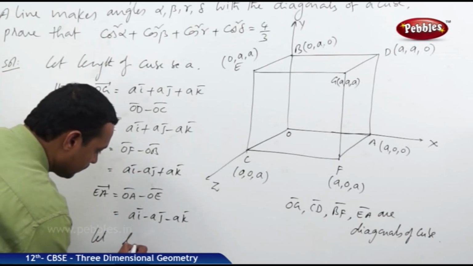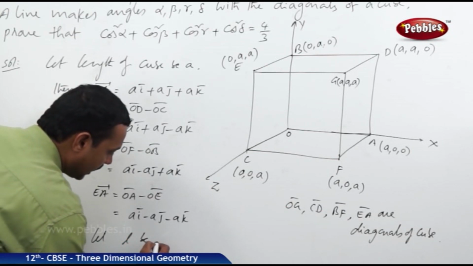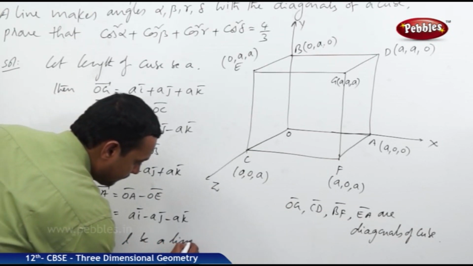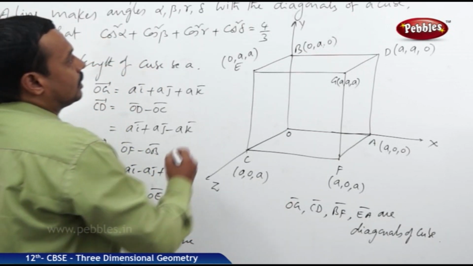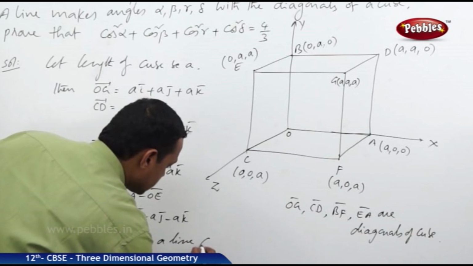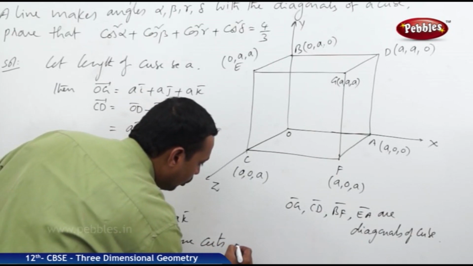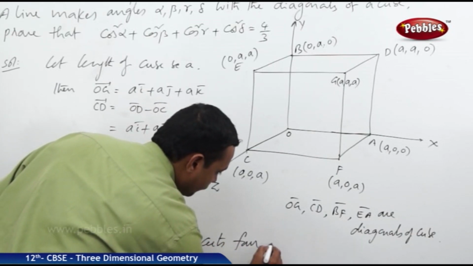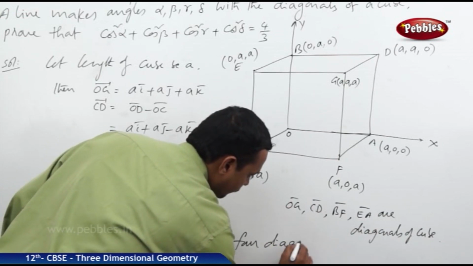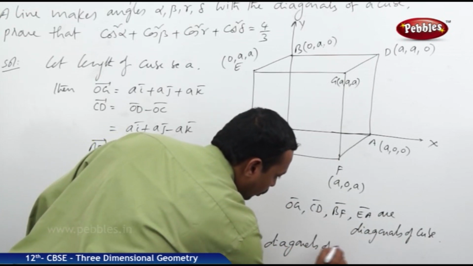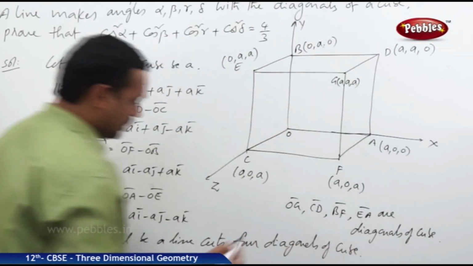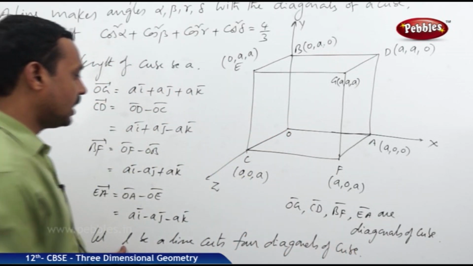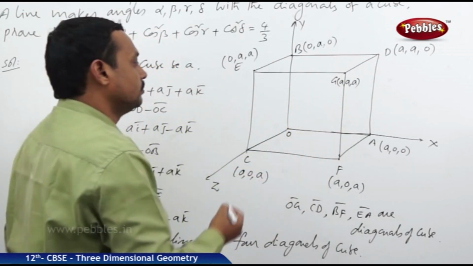Let L be a line which cuts the four diagonals of a cube.